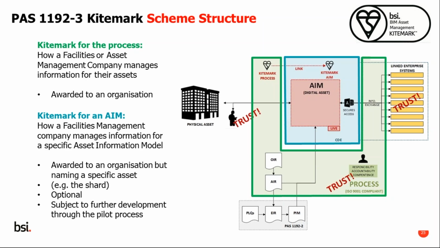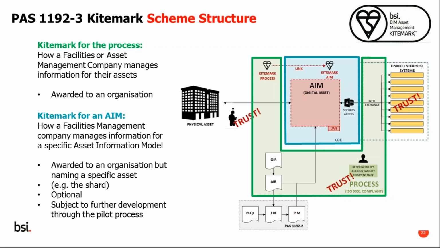You can see here, in the green on the right-hand side, this is essentially where we're assessing the processes behind the creation of the OIR. Remember, that's the organizational information requirements, how that generates the asset information requirements, or the AIR, and how that is fed and an asset information model, or AIM, is produced from this.